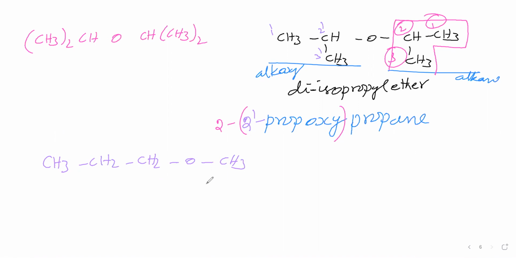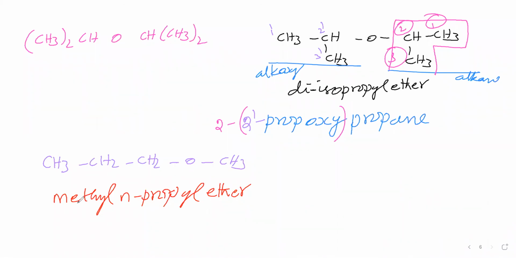In methyl, the first letter is M, and in N-propyl, the first letter is P. Therefore, we write the methyl name first: methyl N-propyl ether.